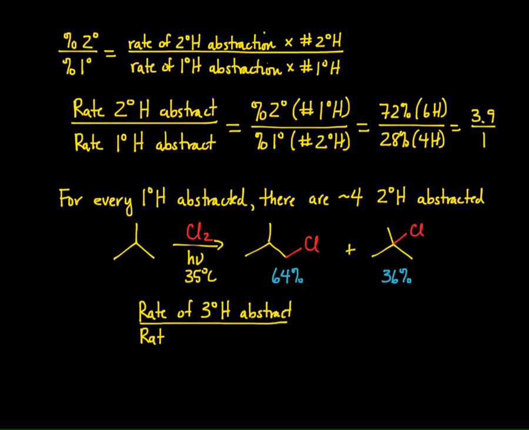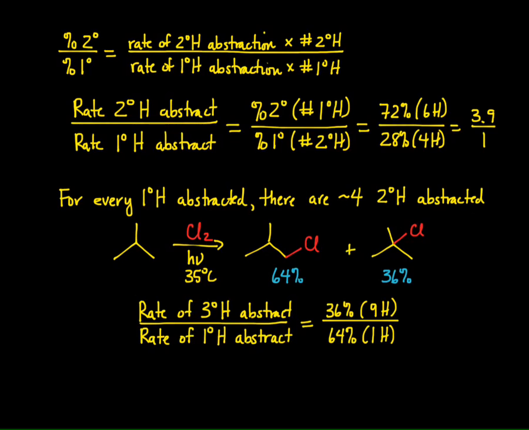So the rate of tertiary hydrogens divided by the rate of primary hydrogens is 36%, so that's the amount of tertiary product produced, times the number of primary hydrogens, so 9. So notice that those 9 hydrogens are really going to multiply that factor of 36.